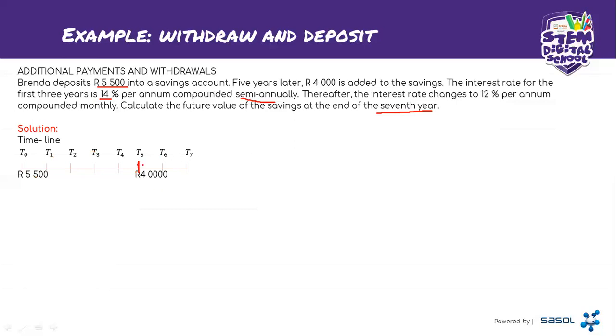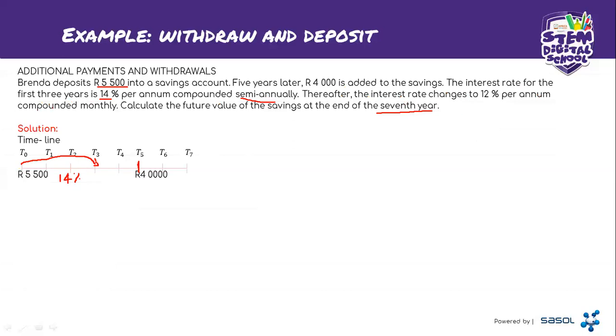All right. Now let's go to the interest rate and see what is happening. They say the interest rate for the first 3 years. Let's count it. 1, 2, 3. Meaning from here up to this 3 years here, the interest rate now is 14%. And then thereafter the interest rate changes to 12% compounded monthly.